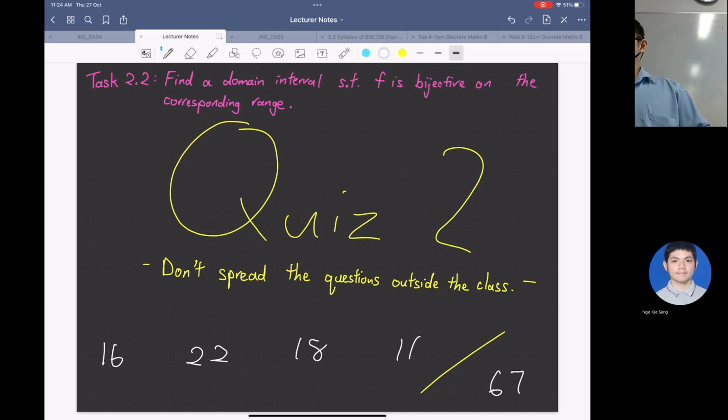Pass to the front. 11. Yeah. Pass to the front and you can start with the tutorial worksheet.